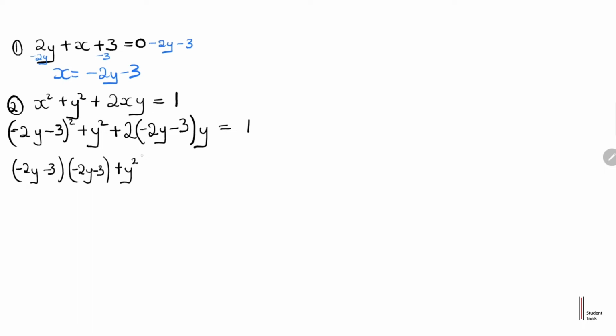So here we have 2 multiplied by y multiplied by minus 2y. That is a 2y. Let's write it down over there. We have 2y multiplied by a minus 2y. So what is that? That is a minus 4y squared.